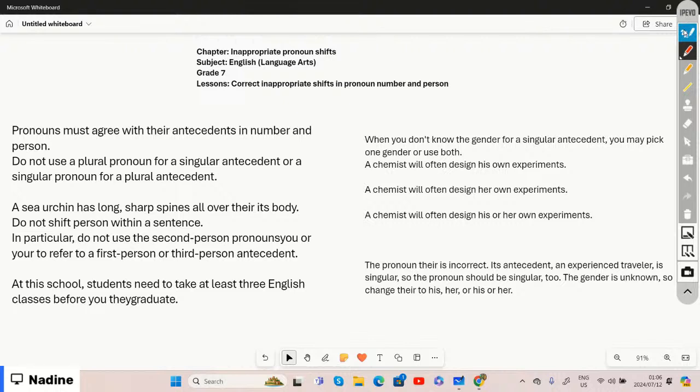Do not use a plural pronoun for a singular antecedent, or a singular pronoun for a plural antecedent.